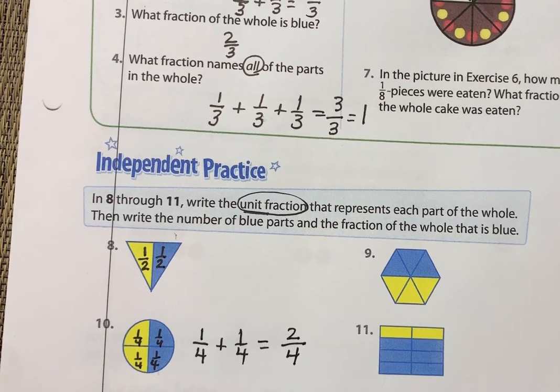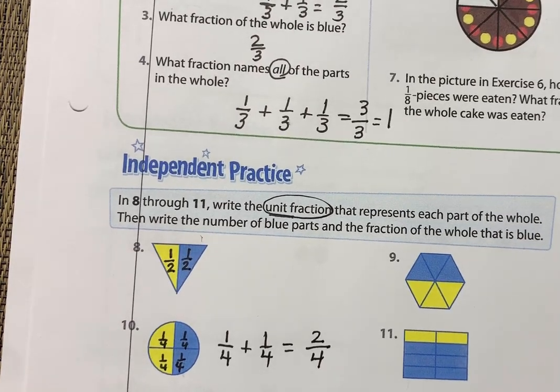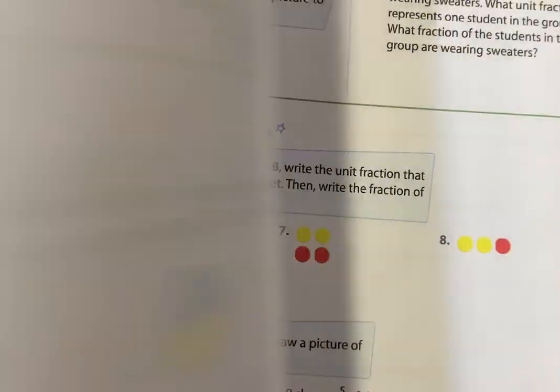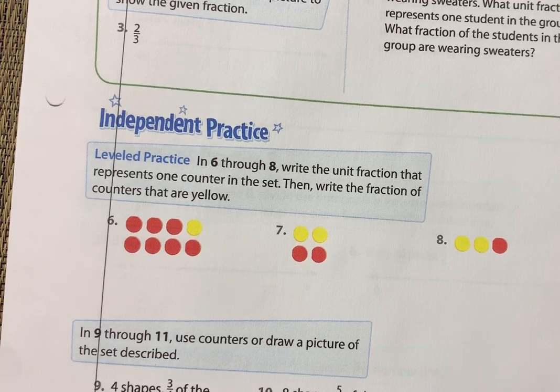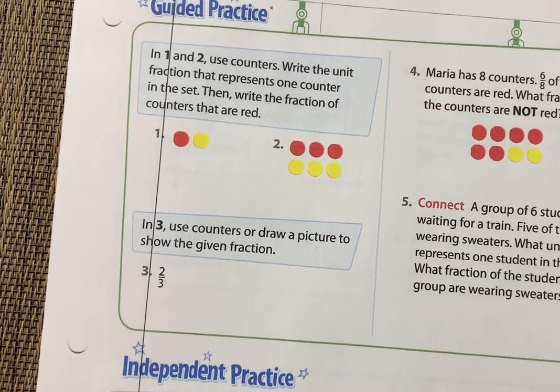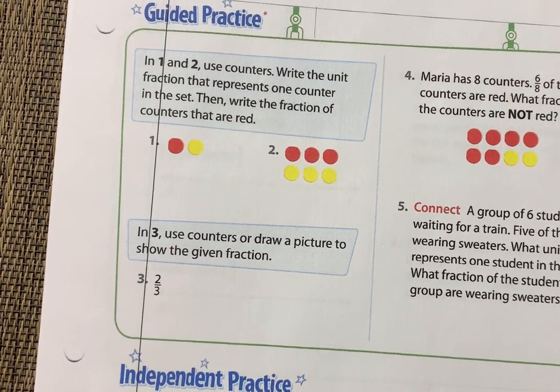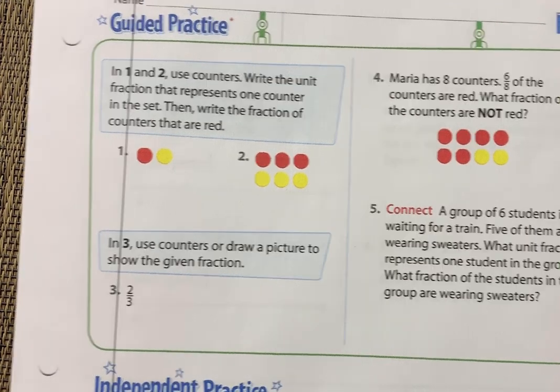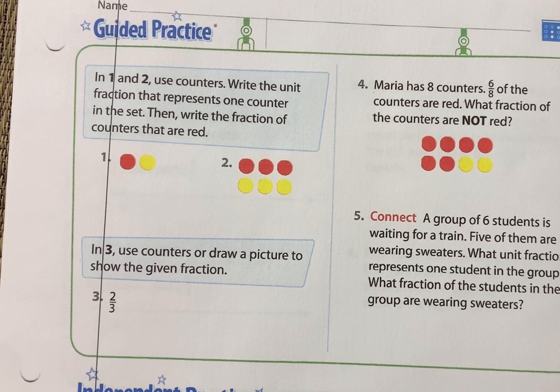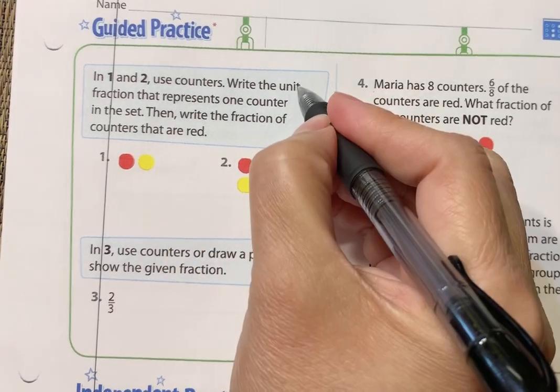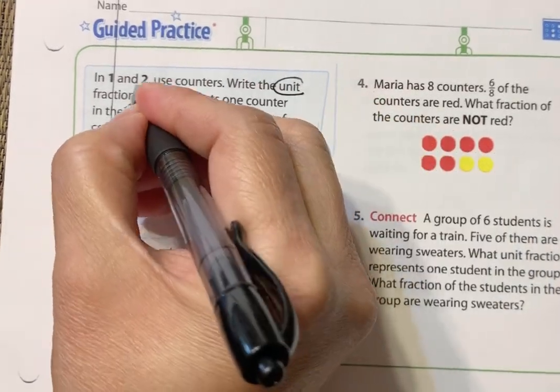I'm going to go over the guided practice portion of 11.2. Now this one looks a little different than the one we just did, but it is the same idea. They're asking you again to write in the unit fractions that represent these counters. And again, it says that right here.